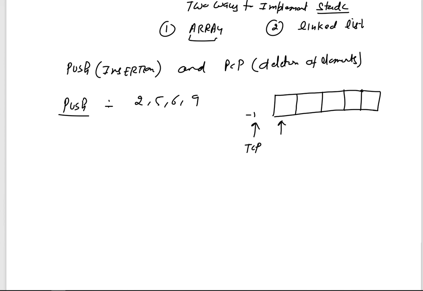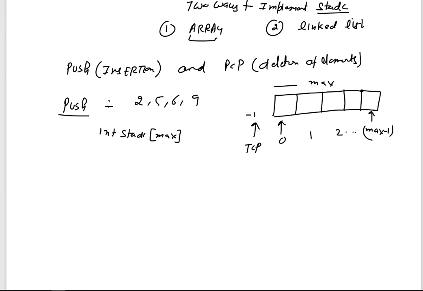So let us suppose we have this stack in the form of this array. Let me define the maximum size. If this is the size of the array, that is the max size, this particular index will be max -1, because this is the 0th index, this is 1, this is 2 and so on.